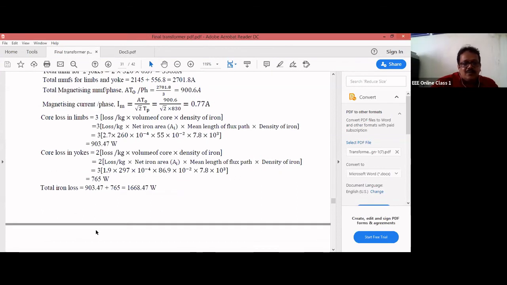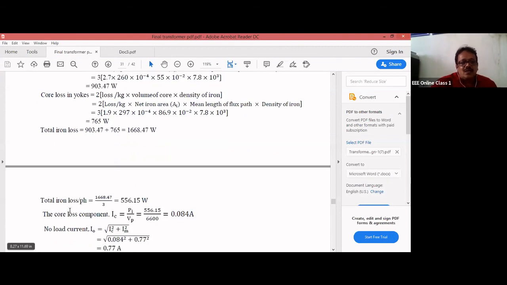So total iron loss will be 903.47 plus 765, so 1668.47 watts. Total iron loss per phase, since I record per phase value, divided by 3, you get 556.15 watts. Once you calculate this iron loss Pi, you can calculate the core loss component Ic.